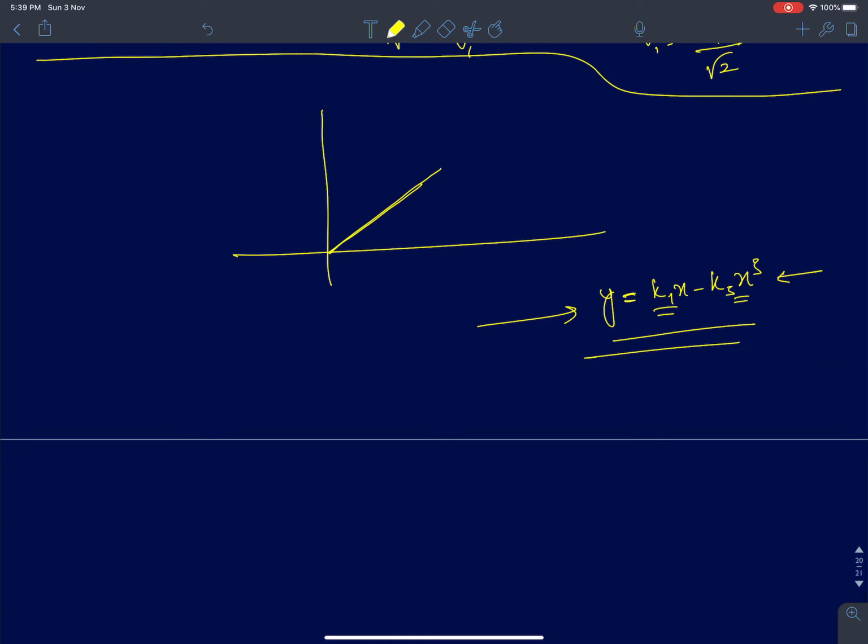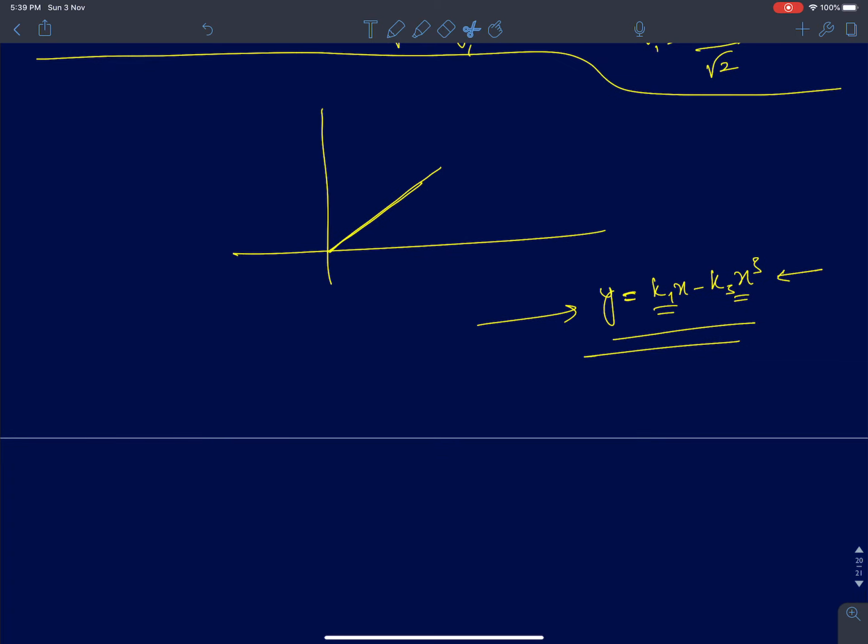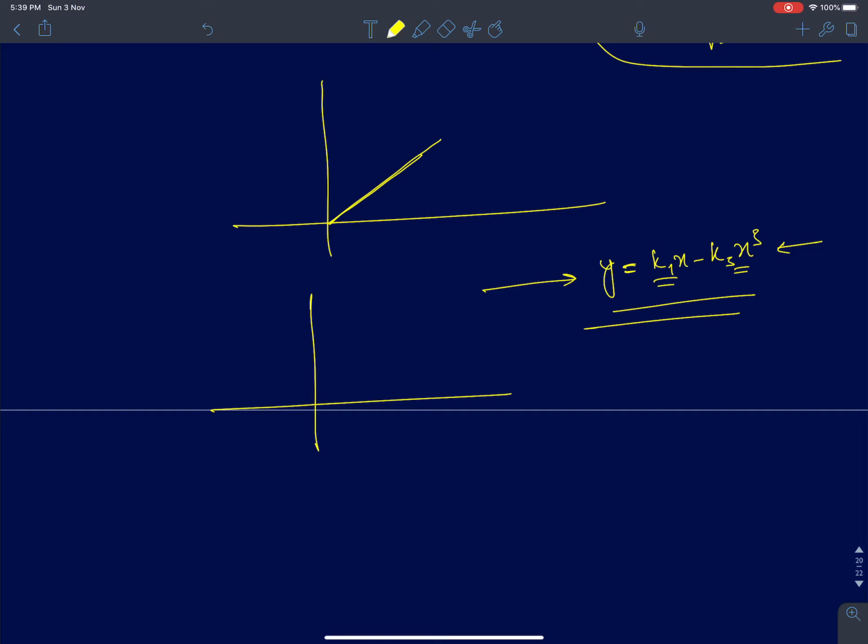And we said that in this model, as shown here, the gain will start reducing as you keep increasing the input signal. We discussed that the gain reaches a peak value and then goes to 0. And what are these values? We discussed it in the last class.